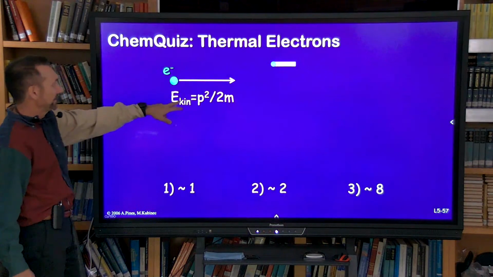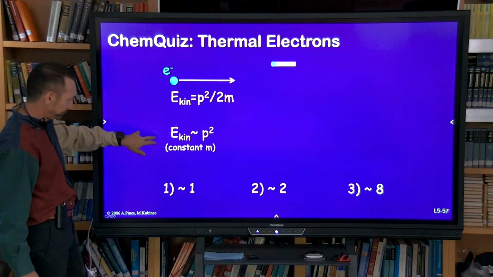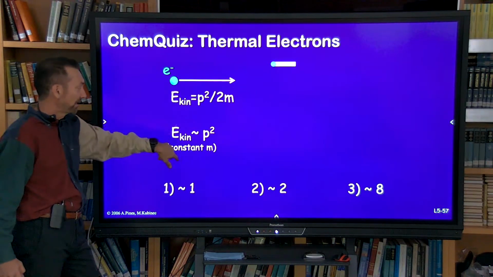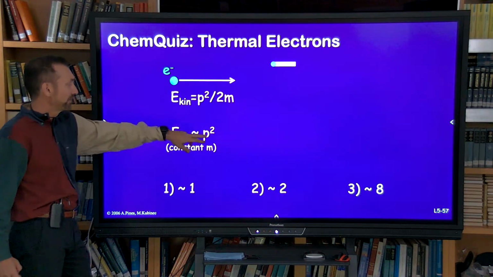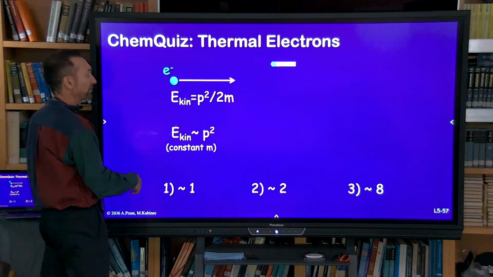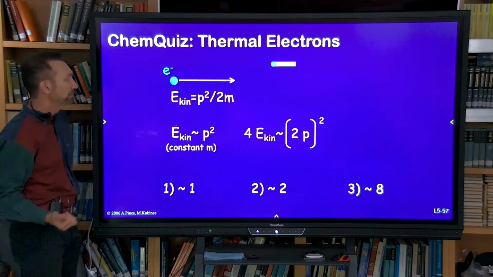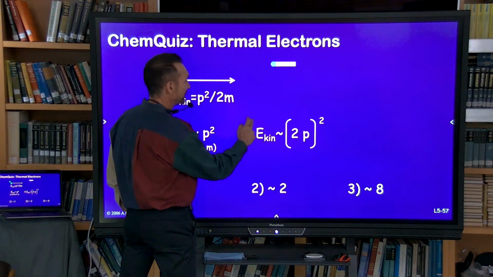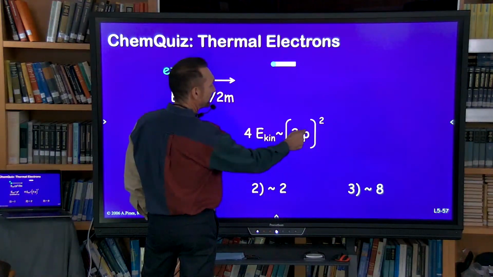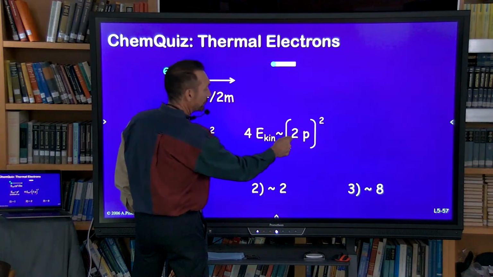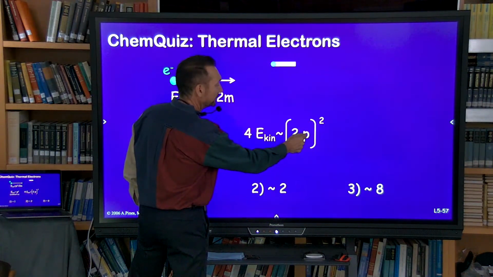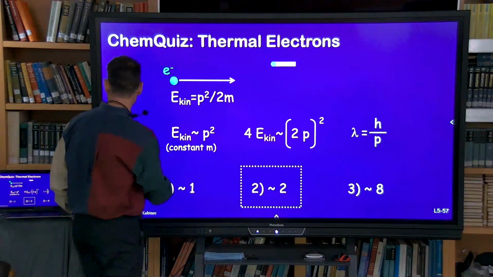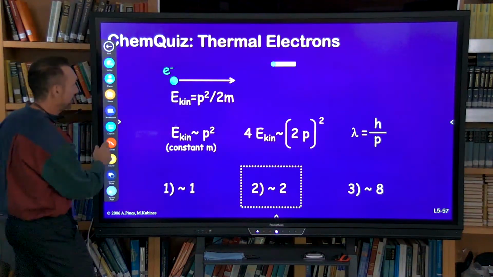Well, here's the kinetic energy. For constant m, we have just one kind of particle. We have all electrons. So for constant m, the kinetic energy is simply proportional to the momentum squared. So just write the two momenta. To get to 4 times the energy, I have to square the momentum. So if I took 2 times the momenta and squared it, I would get, well, it's not super obvious. Let me just write one more thing on there.